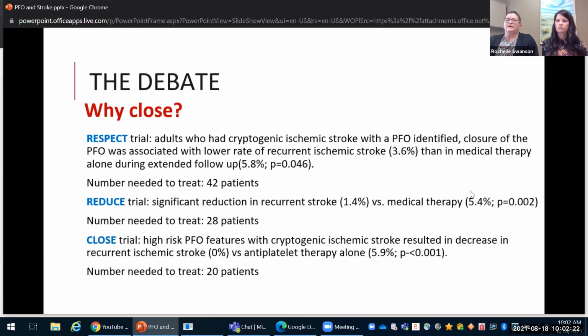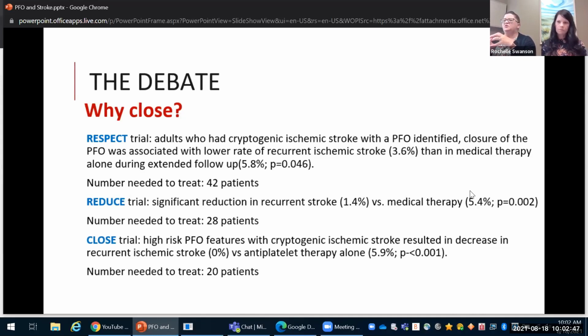So they looked at closure of the PFO versus medical therapy. The medical therapy was antiplatelets, so aspirin, Plavix, versus anticoagulants, so warfarin, Eliquis. They wanted to compare which of these patient groups were more likely to have recurrent stroke.